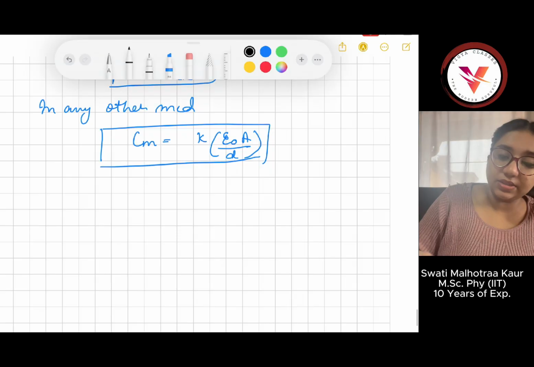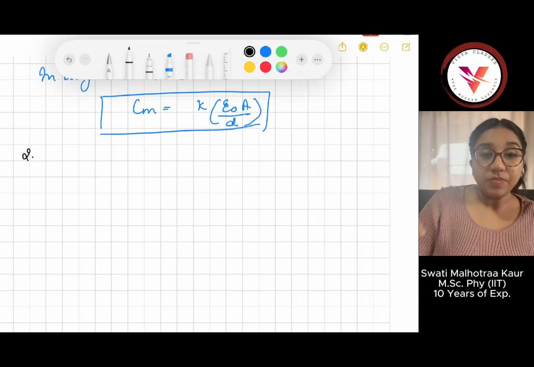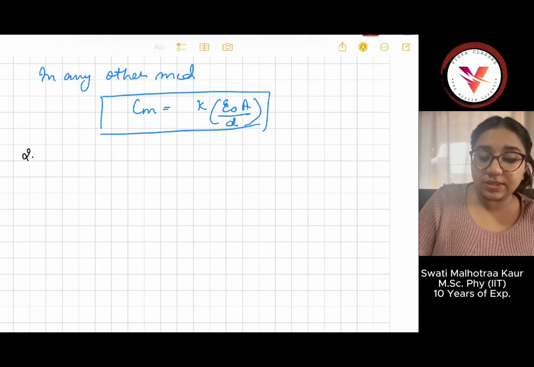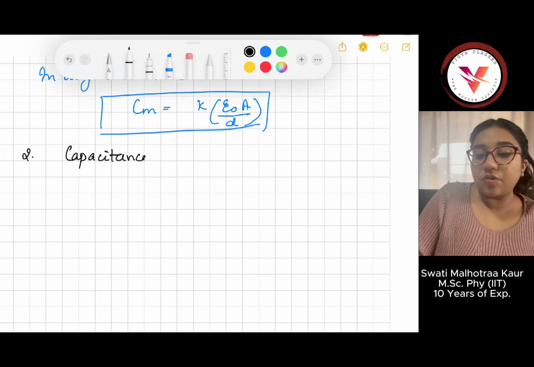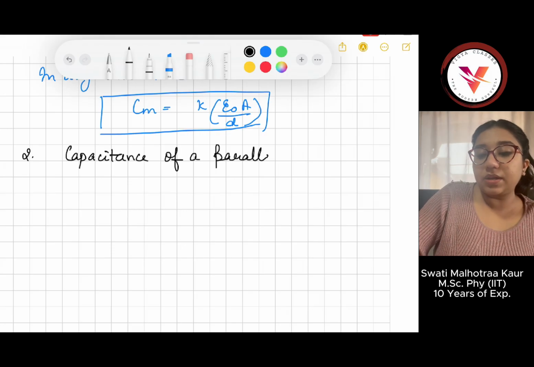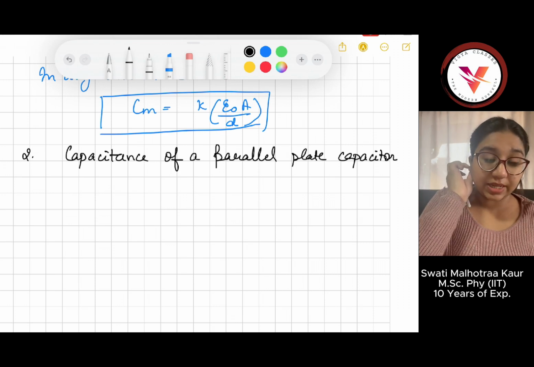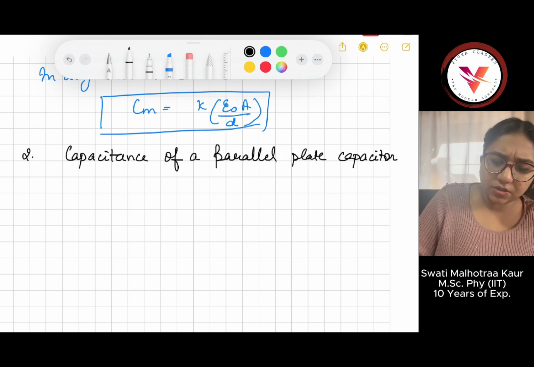Okay, so the next is the capacitance of a parallel plate capacitor with a dielectric slab. Okay, partially filled with a dielectric slab.